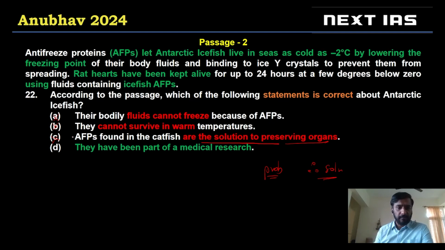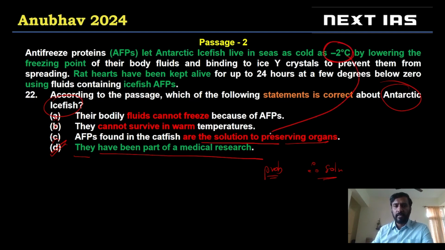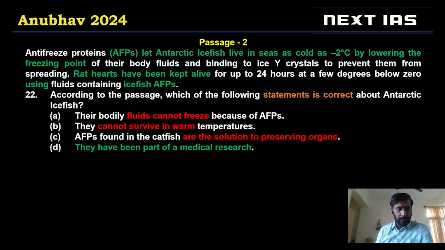Option C is incorrect. D is the correct choice. They, meaning ice fish, have been part of medical research because we know that they survive up to -2 degrees. Clearly, some medical research has taken place on them. D is the correct choice. Also, they have been used in preserving rat hearts. So, D is the correct choice.